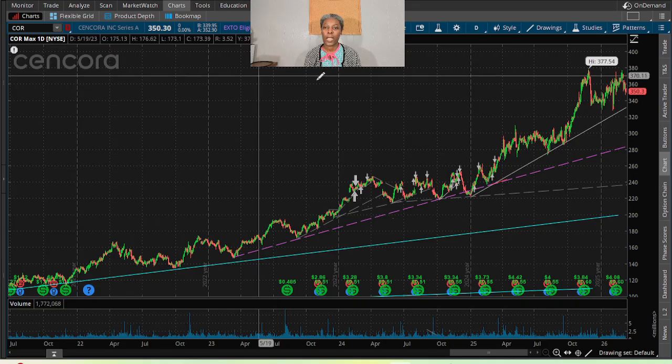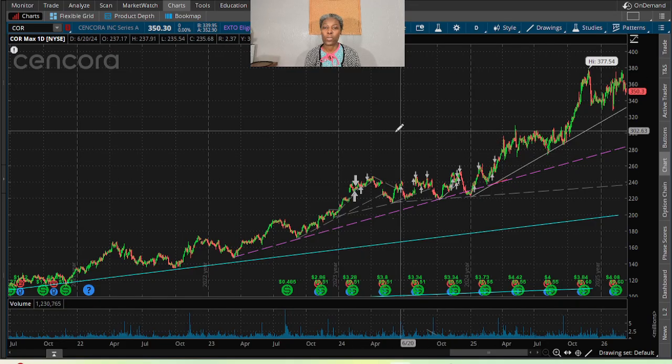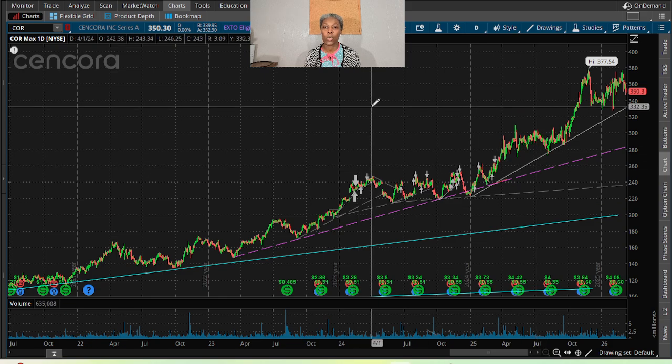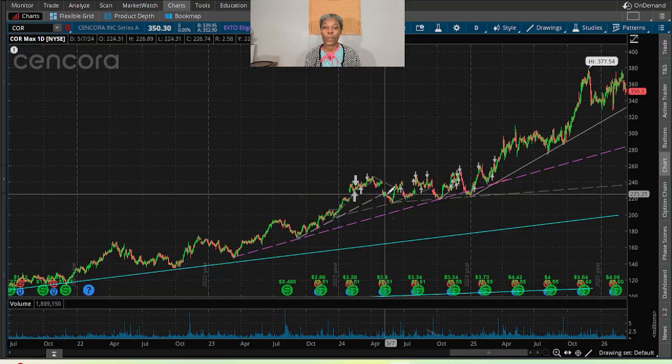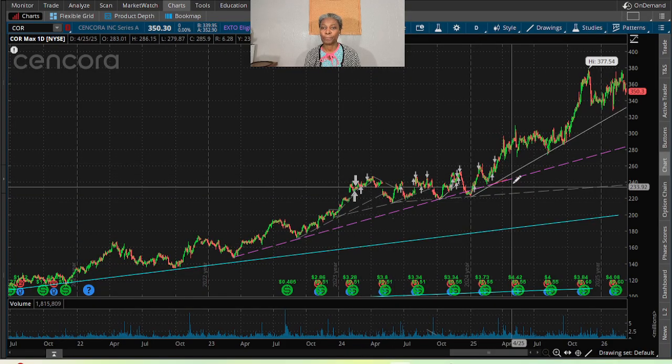So COR is a stock that I traded multiple times. Those arrows facing upward are where I purchased, arrows facing downward are where I sold.